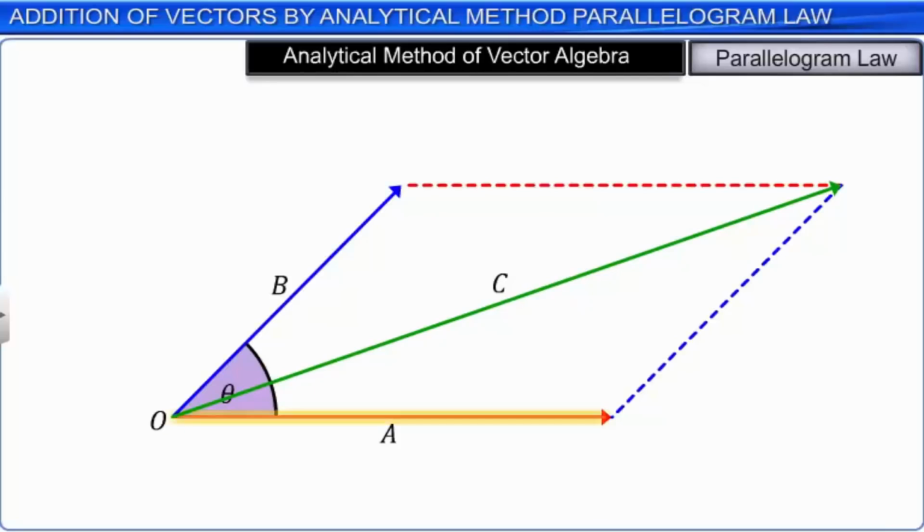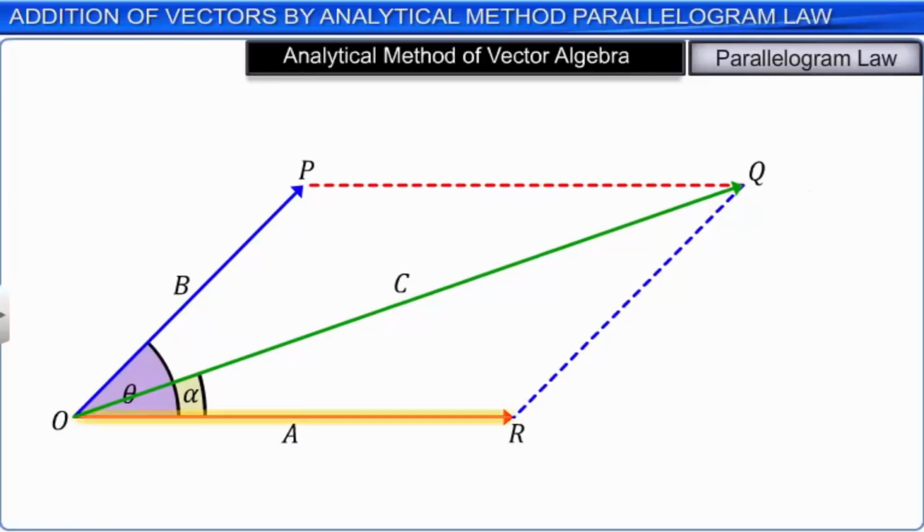The resultant vector C makes an angle alpha with vector A. In this figure, OP represents vector B. OR represents vector A, and OQ represents the resultant vector C. Extend line OR.